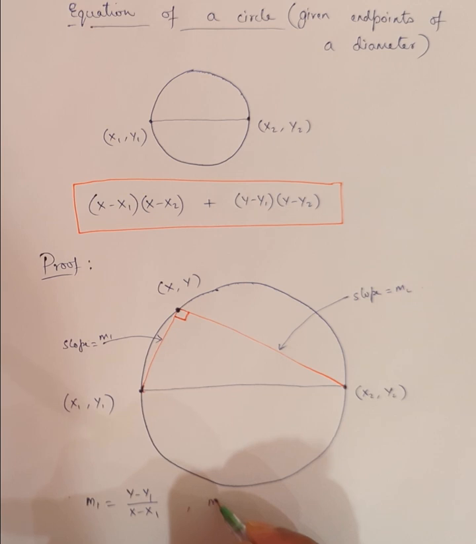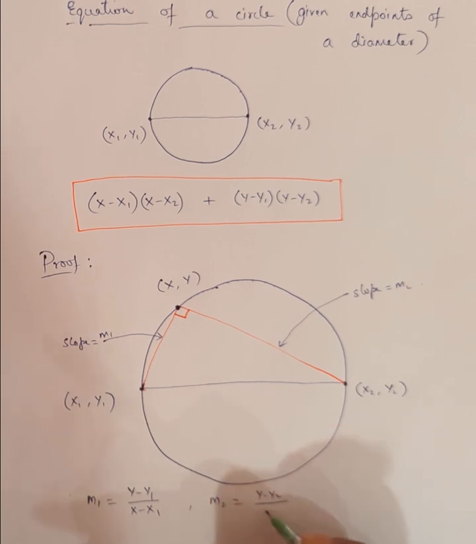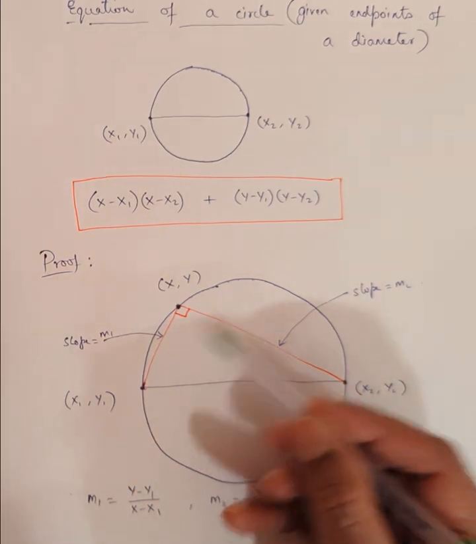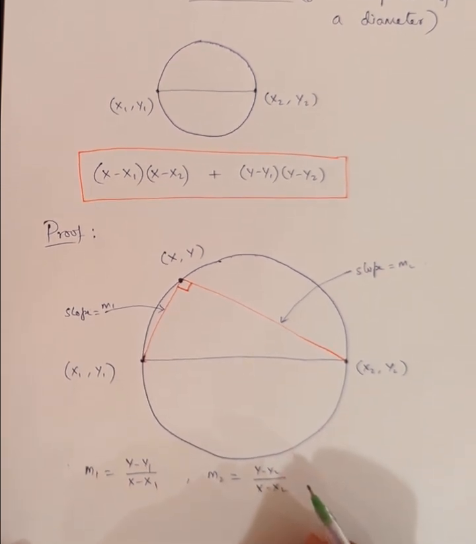And similarly, I can write m2 as the difference in y's here, which is y minus y2 over x minus x2. Now, if the two lines are going to be perpendicular, then I can say that the product of their slopes has to be -1.